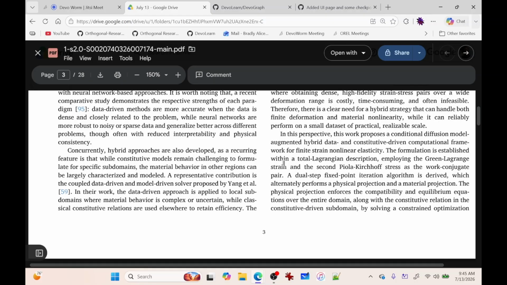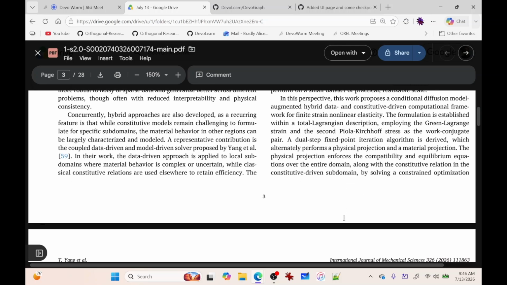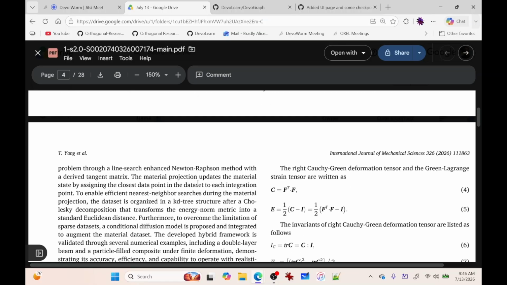The formulation is established with a total Lagrangian description, employing the Green-Lagrange strain, and the second Piola-Kirchhoff stress as the work conjugate pair. A dual-step fixed-point iteration algorithm is derived, which alternately performs a physical projection and a material projection. The physical projection enforces the compatibility and equilibrium equations over the entire domain, along with constitutive relations in the constitutive-driven subdomain, by solving a constrained optimization problem with a line-search enhanced Newton-Raphson method with a derived tangent matrix.